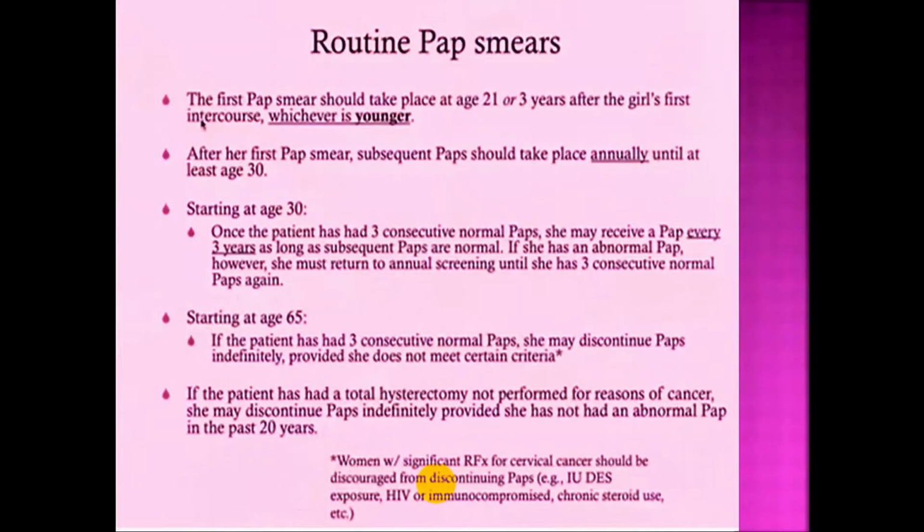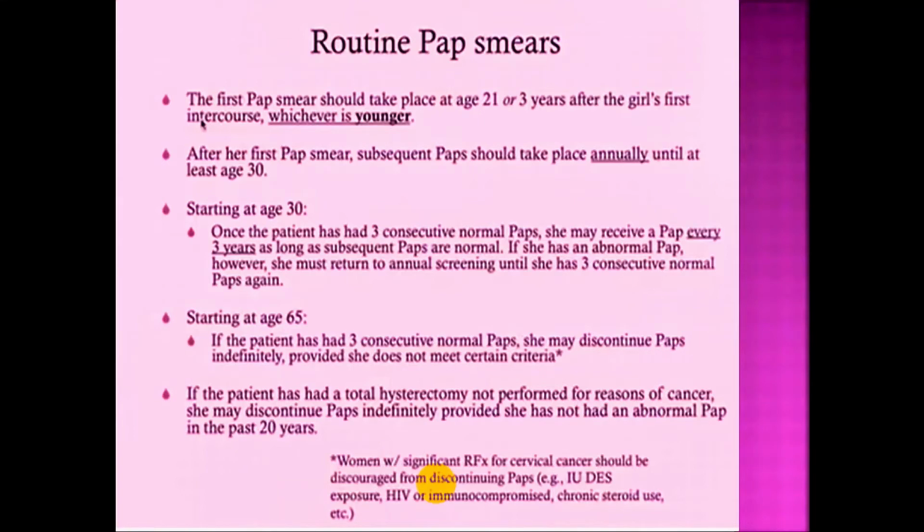Routine pap smears: the first pap smear should take place at age 21 or 3 years after the girl's first intercourse, whichever is younger. After the first pap smear, subsequent paps should take place annually until age 30.